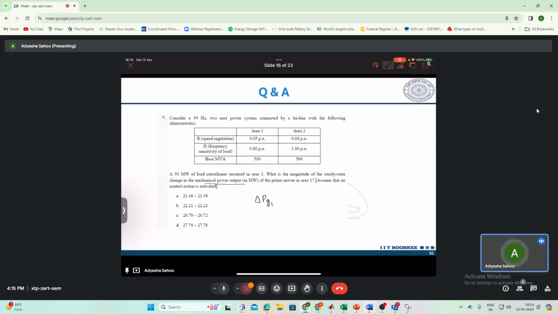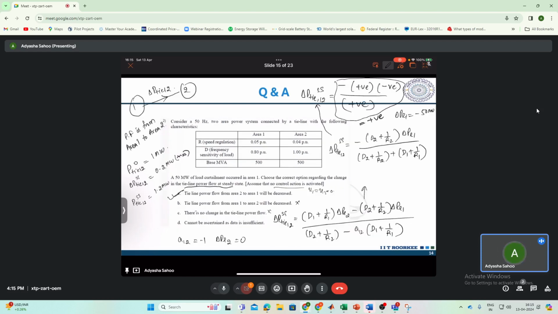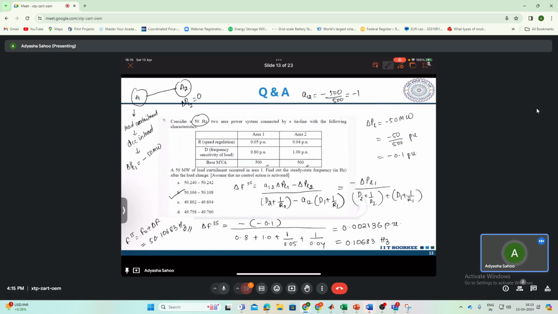So delta PG1, we see that it was minus delta F steady state by R1, right? So it was your steady state change in frequency.